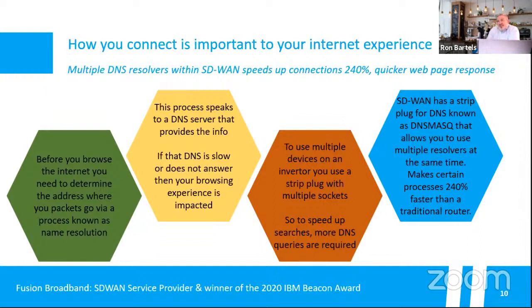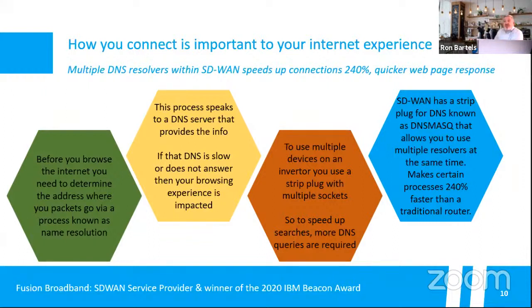The internet doesn't natively know that your connection to Facebook has an IP address, which is a certain number. So to get to that, we use something called domain name resolution, which allows you to convert Facebook to an IP address and connect to it.